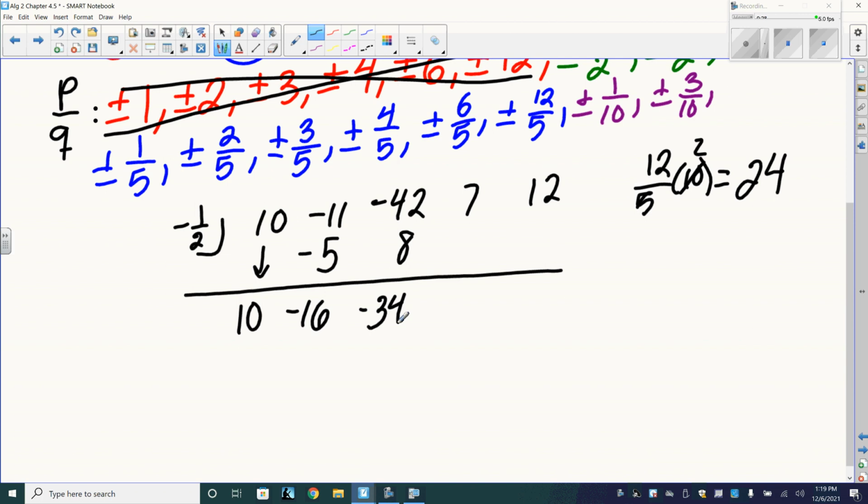Okay, that's working out well so far. -1/2 times -34 is positive, 34 divided by 2 is 17. 17 plus 7 is 24. Now, -1/2 times 24 would give us a negative, -12. 12 plus -12 is 0.